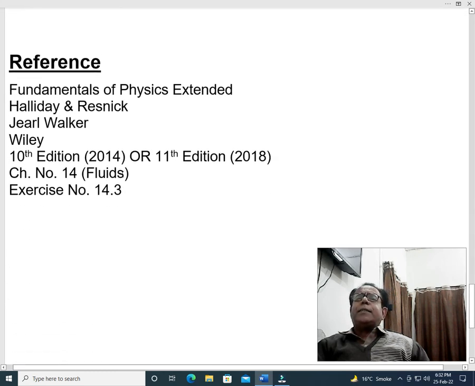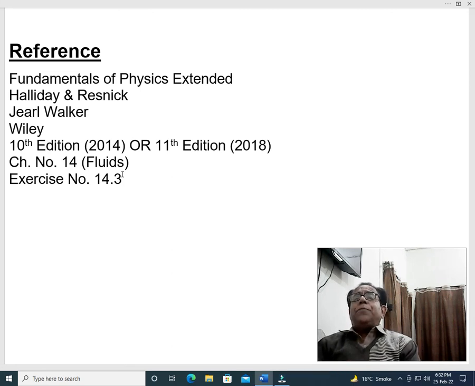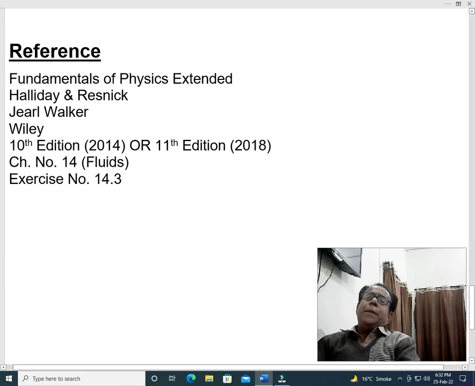However, in the last we will give a reference from where we have chosen this problem. Reference book is Fundamentals of Physics Extended, Halliday and Resnick, Jearl Walker. Publisher is Wiley. Its 10th edition 2014 or 11th edition 2018 is being followed.